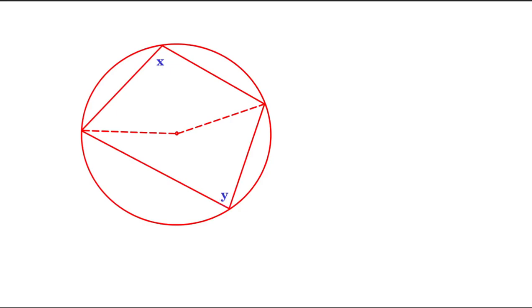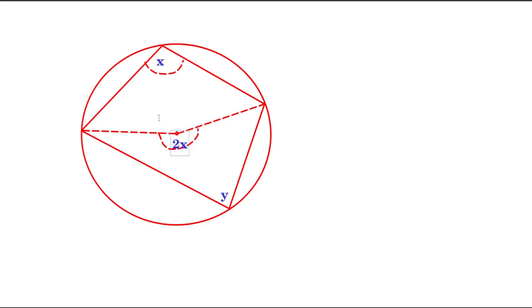Now let's use our theorem. Angle at the center is twice the angle on the circumference. This one is the angle at the center. This one here is your angle at the circumference. So this is twice the angle at the circumference, so it's 2x.